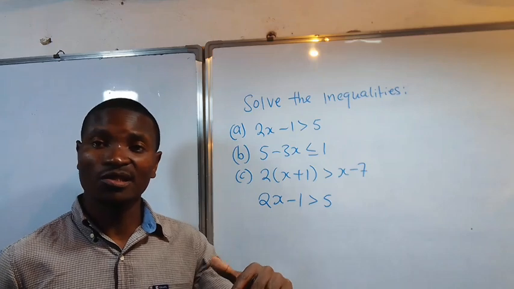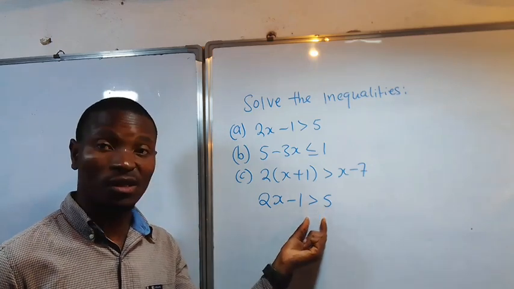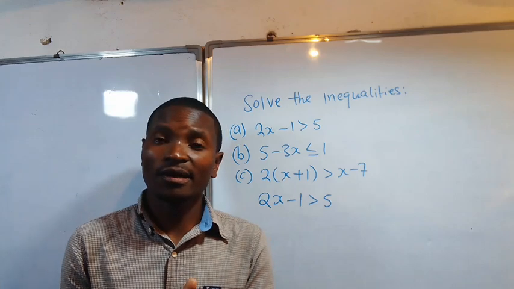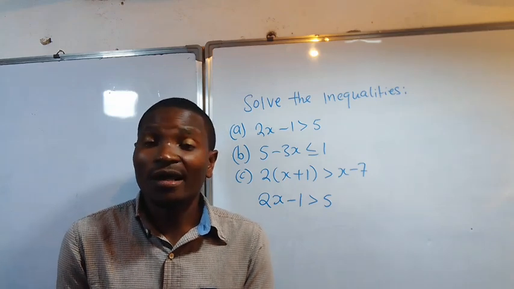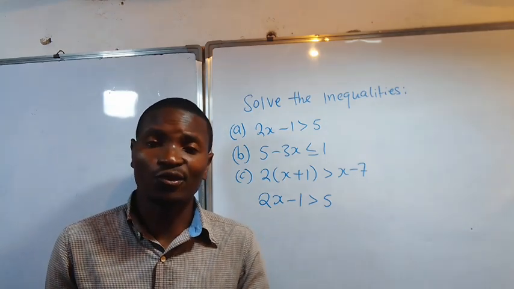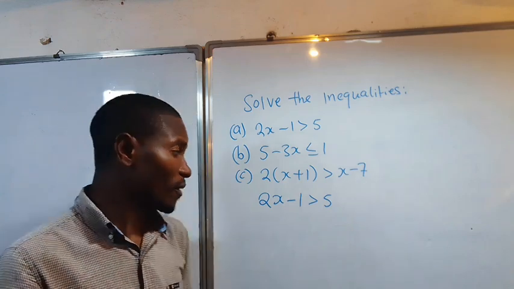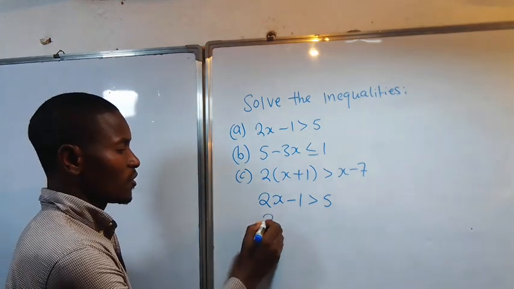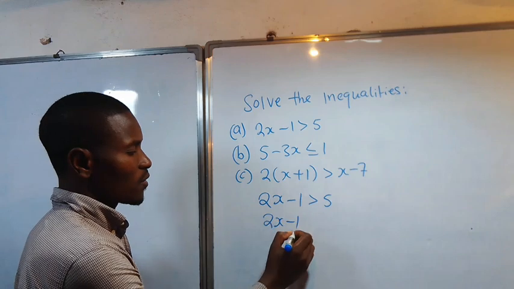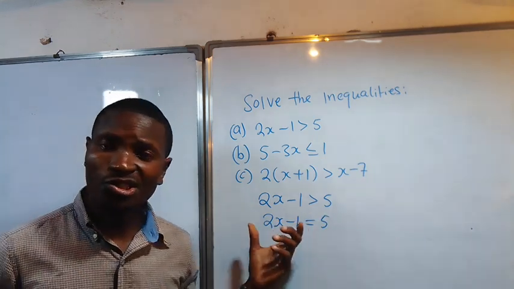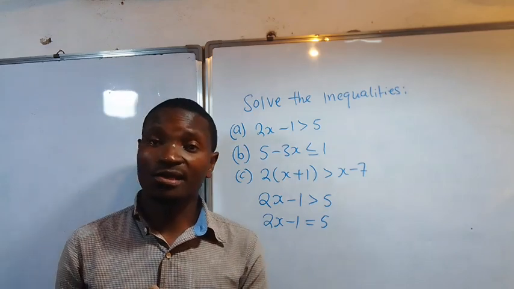The first thing that you do is change this into an equal sign. You can change it, but the easiest way, I just want you to understand what that means. So we have 2x minus 1 equals 5.